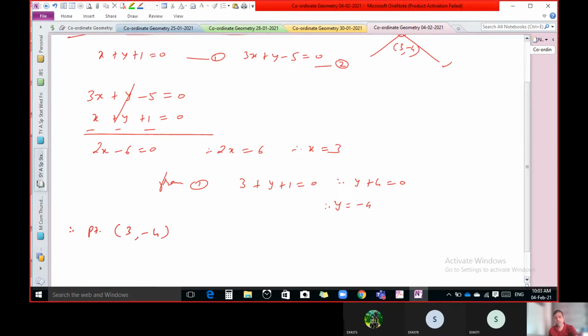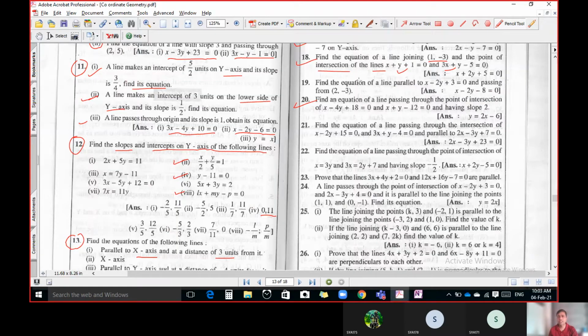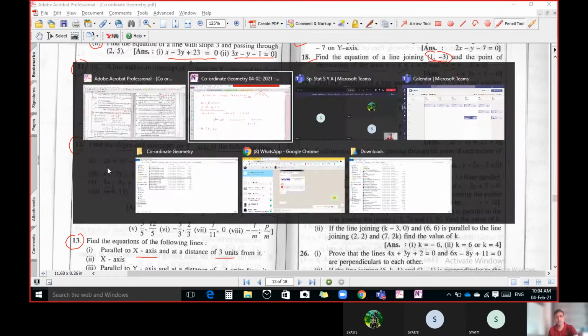So this is one point, and here it is clearly given to find the equation of a line joining this point and the intersecting point. Now the intersecting point is known, that means we have 2 points. One point is 1 minus 3. You can consider this as your first point or second point, the answer remains the same.